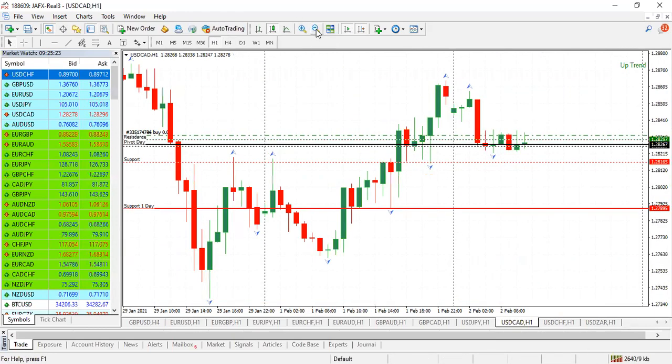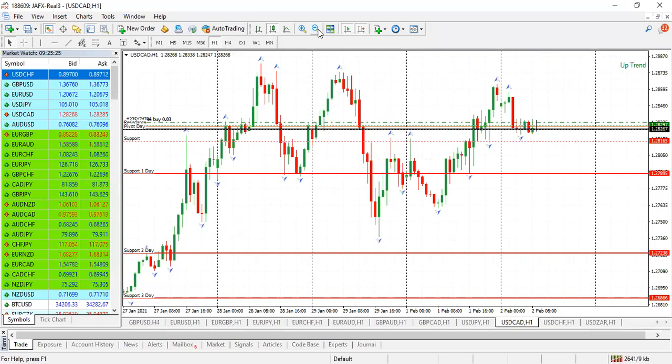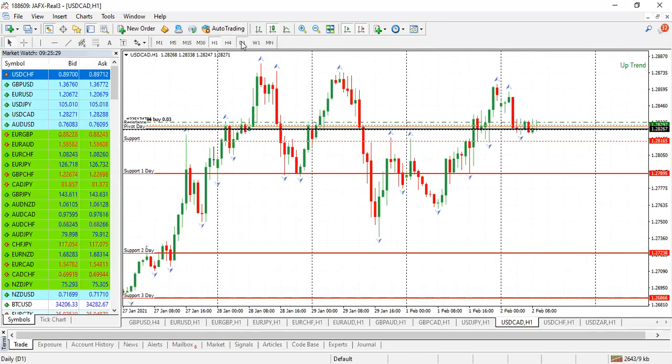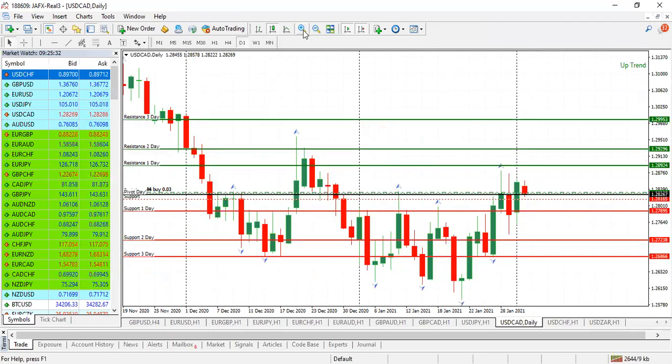So again, let's have a look on the US dollar versus Canadian dollar. So this trend has been in a massive bullish momentum. So you can observe from the last month and even the beginning of this month, yesterday. So this bullish momentum is actually continuing, and a bullish market is composed of higher lows and higher highs, higher high, higher low, higher high, higher low.